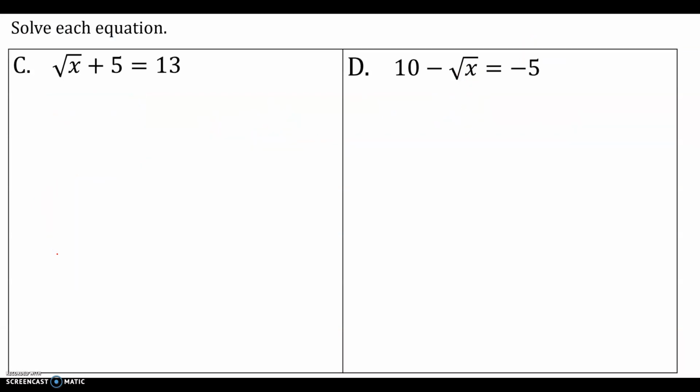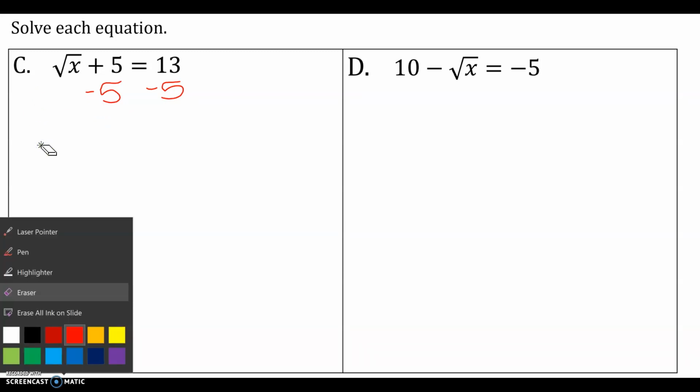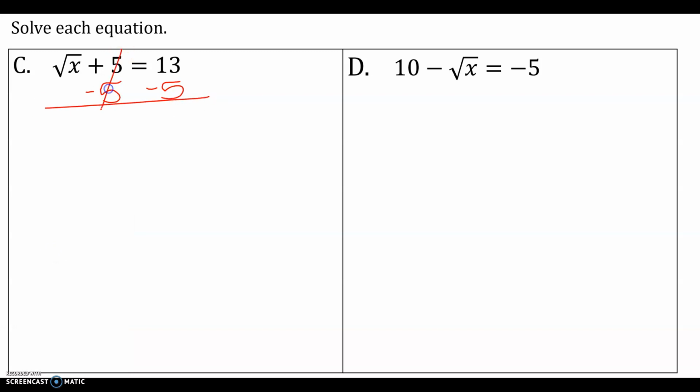Now looking at C and D, you do have some extra numbers. You have this 5 in letter C, and then you have this 10 in letter D. So the first thing we need to do is move the 5. Obviously you guys should know how to do this. Subtract your 5, and they go away.